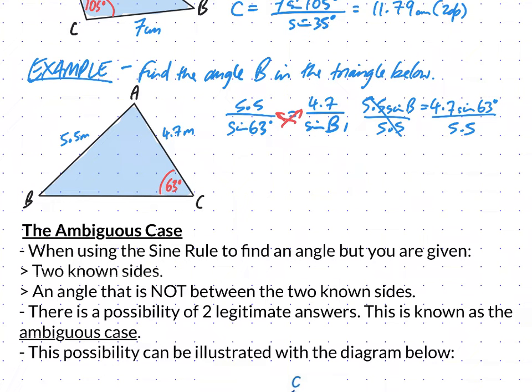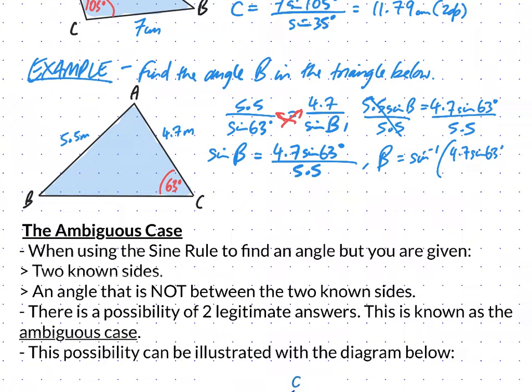That cancels 5.5 there, so sine B is equal to 4.7 sine of 63 degrees over 5.5. To get the angle, I need to use the inverse sine, so B is going to be inverse sine of 4.7 sine of 63 degrees over 5.5.